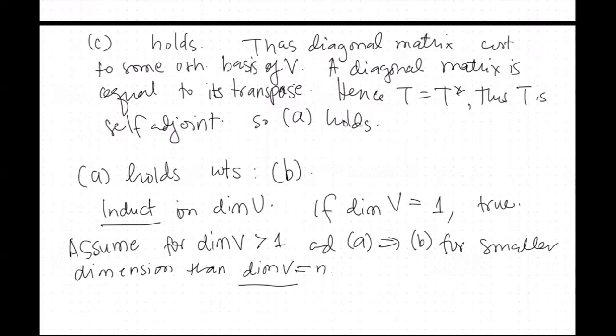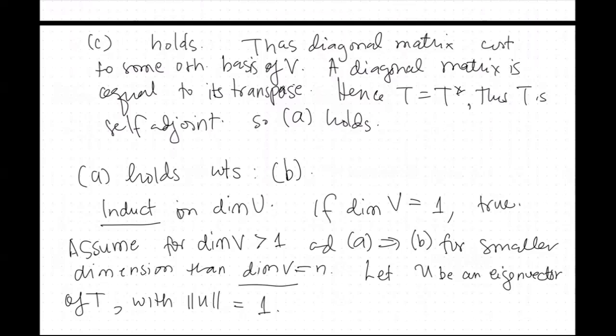Let us consider an eigenvector u of T. Of course we normalize u so that its norm is 1.